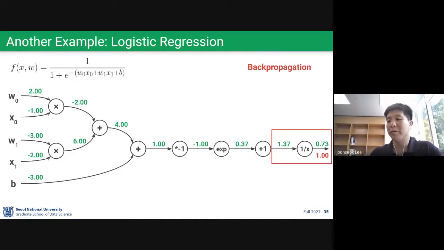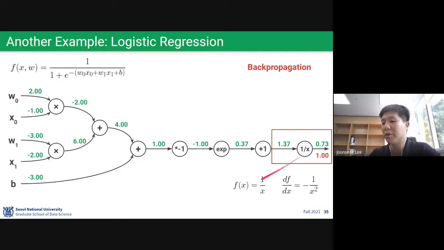Then let's compute this. What do we need here? Please remember what we had for each node in the previous slides: upstream gradients multiplied by local gradients. Please remember that always. So what is the upstream gradient here? It's 1, right? It's coming from the later nodes. And what is the local gradient? We have to take the partial derivative within this node.